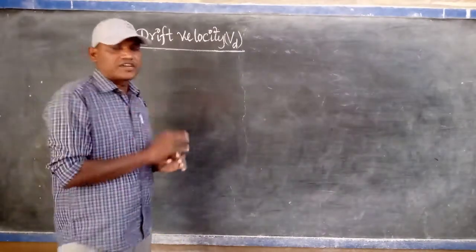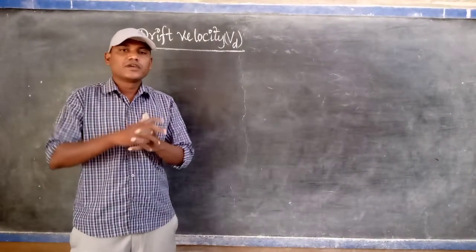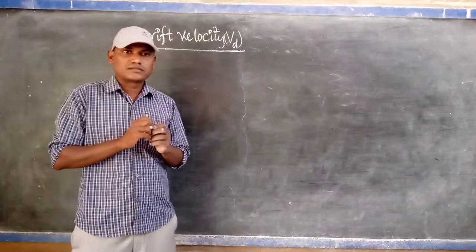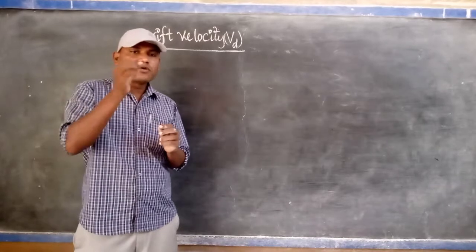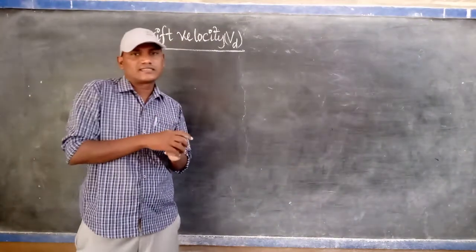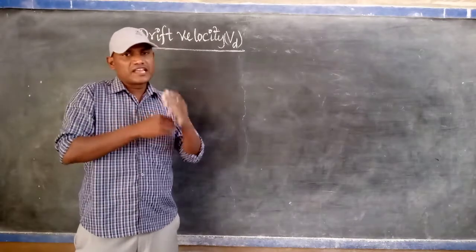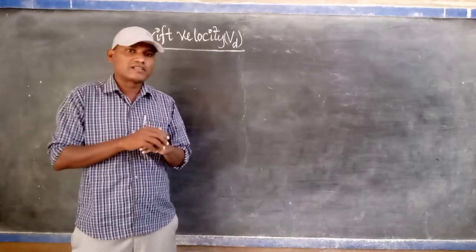So listen very carefully. To understand drift velocity simply: the free electrons inside the conductor, due to their random motion, collide with other electrons in a particular unit area. So they lose energy, change direction and move in a zigzag path.